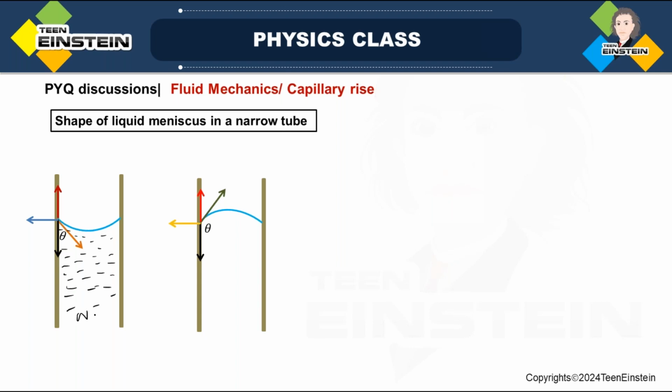So this is water and this is glass, and this is mercury, and this is glass.